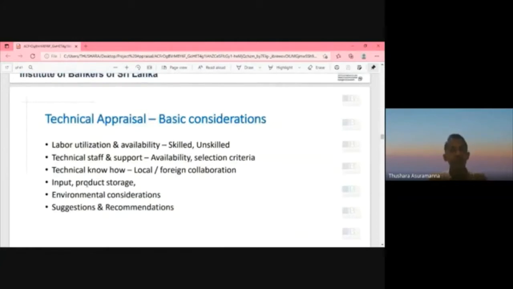Then we go further, like labor utilization, technical staff, technical know-how. These are relevant to labor, people related, right? If you know technical know-how, local or foreign, that's very important because yes, you are trying to do a very good project, but the knowledge may not be available right now in Sri Lanka, or maybe partly with Sri Lanka, partly with some other party.